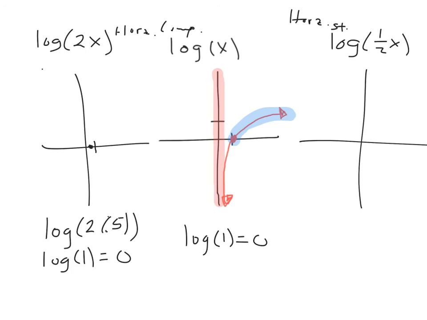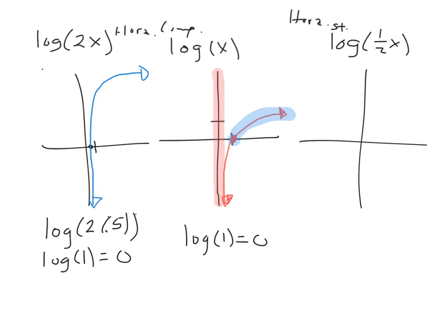And when you go ahead and compress it horizontally, it's going to do this. Boom, just like that. Let me draw it a little bit better. It's going to swing out a little bit more, right? Because it's horizontally compressed, okay? It's going to swing out more.